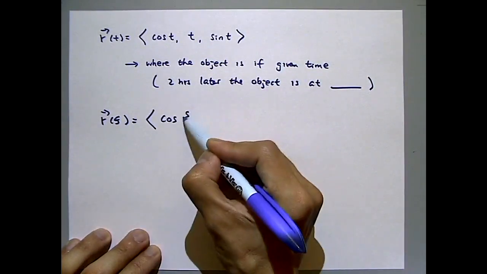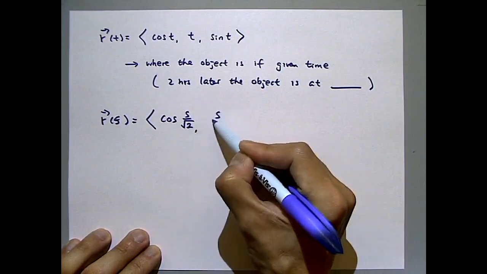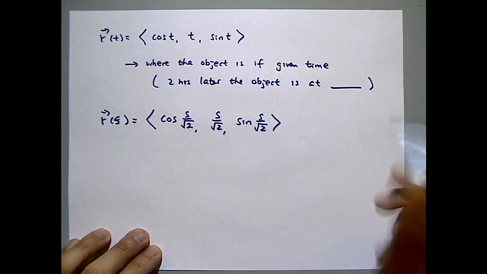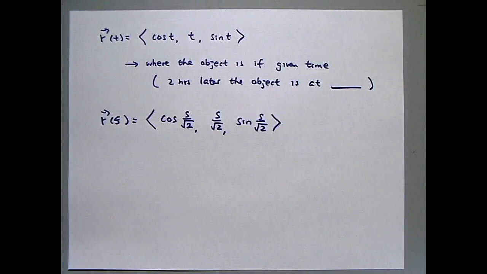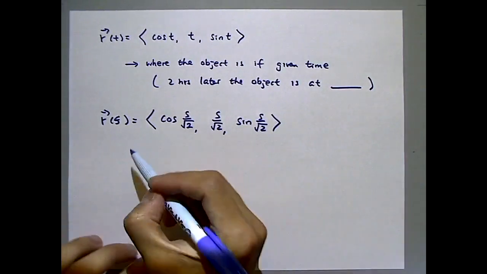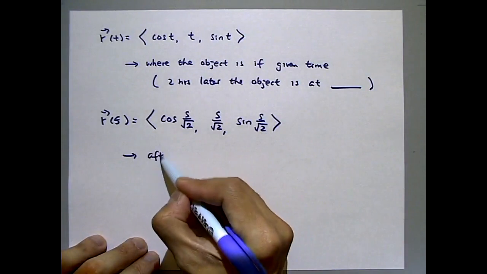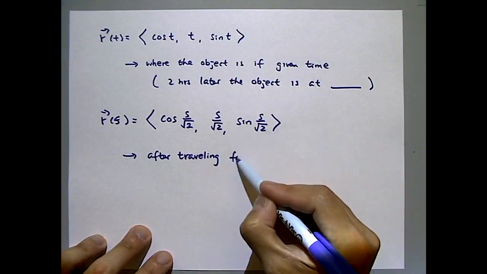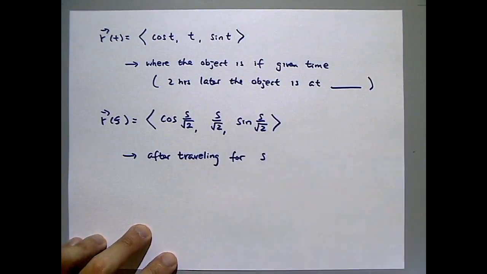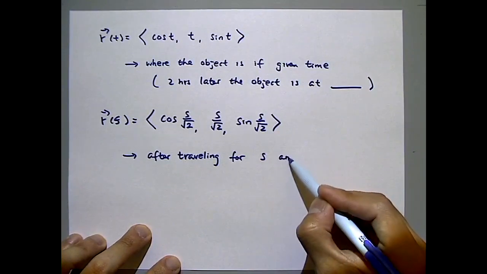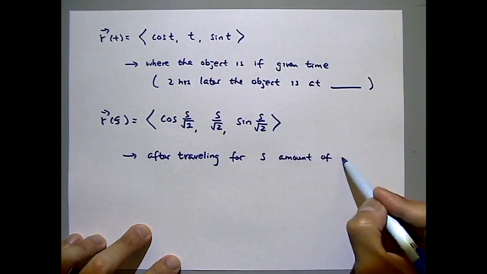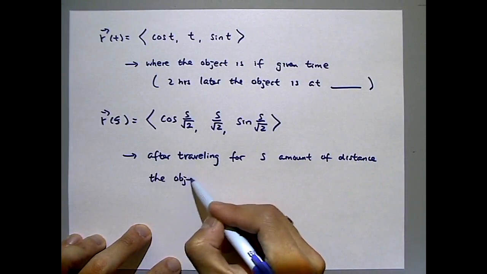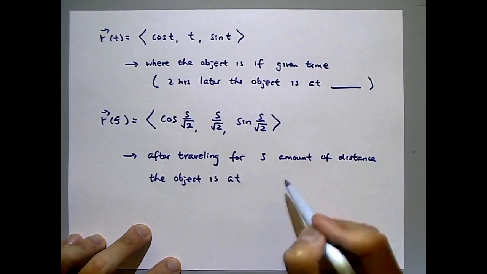If you parameterize that with respect to the arc length, then time is not in the picture anymore. You need to tell me how much distance you have moved. So this is saying that after traveling for s amount of distance, the object is at blah.